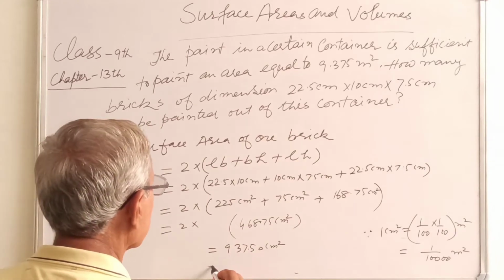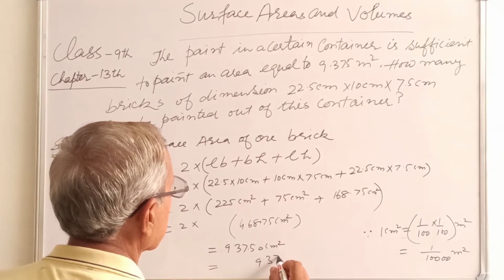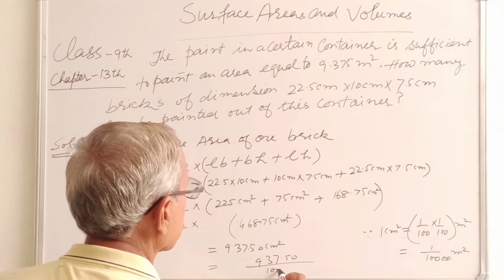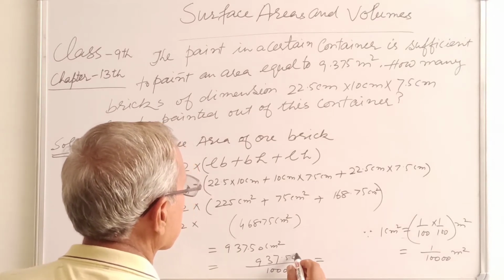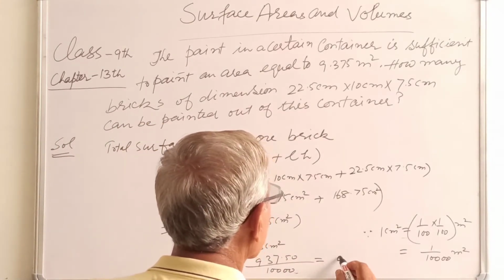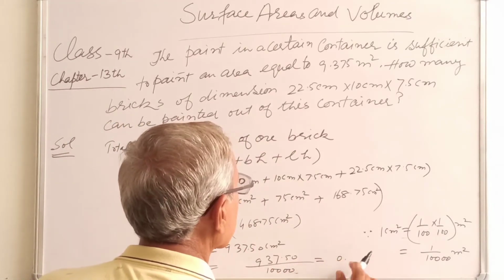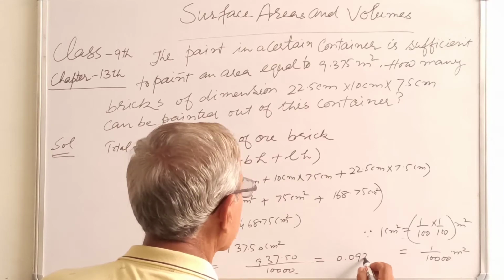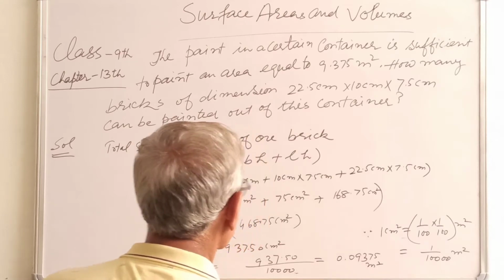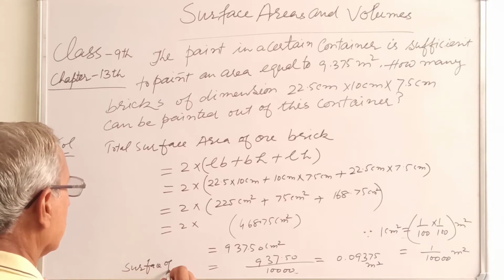So this will be equal to 937.50 divided by 10,000, which is 0.09375 meter square. So this is the surface area of one brick.